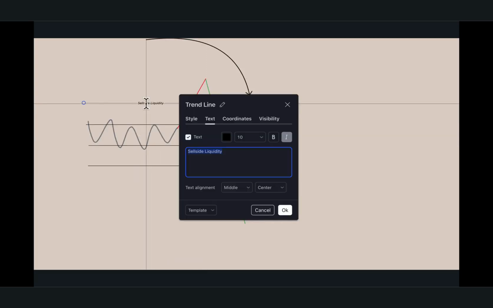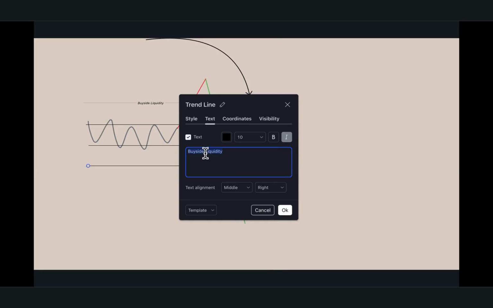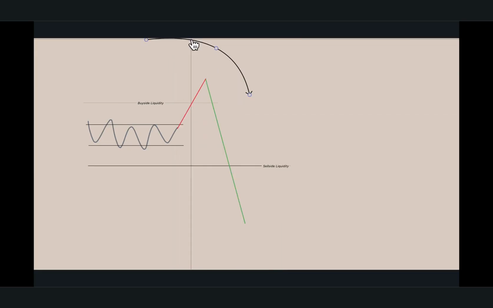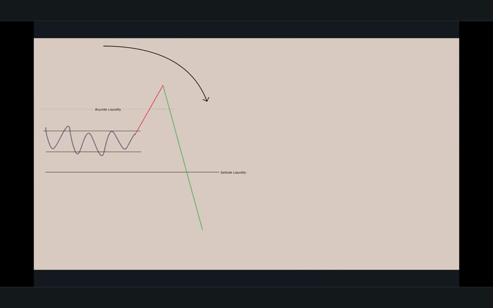Vice versa, this would be buy side liquidity first, right, as the manipulation, and then this would be the sell side liquidity. And you would want to see speed and volatility past sell side liquidity if you're in the sell side of the curve. So it's actually quite simple to remember.